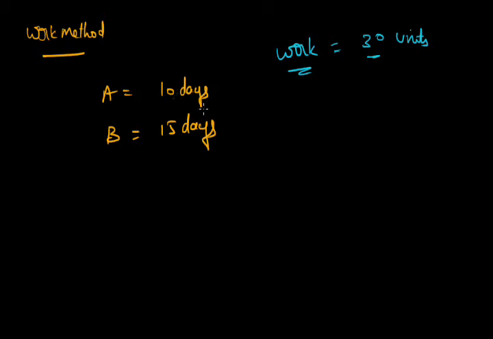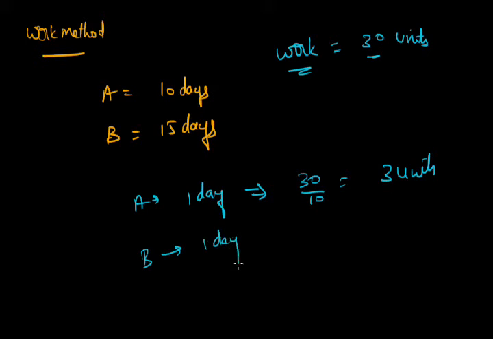So A, in one day, will finish 30 upon 10, that is 3 units. Similarly, B's one day work is 30 upon 15, that is 2 units. It means A does 3 units of work in a day and B does 2 units of work in a day.